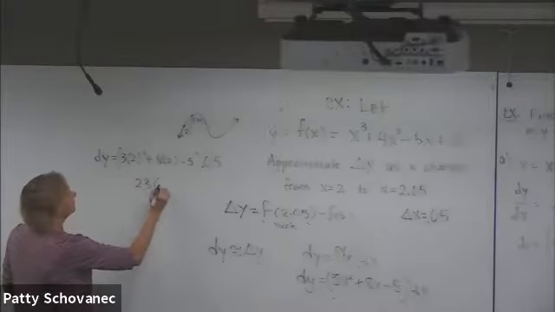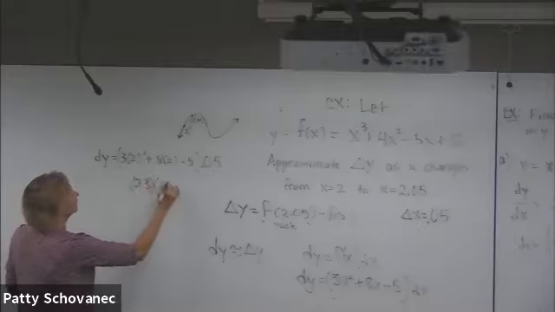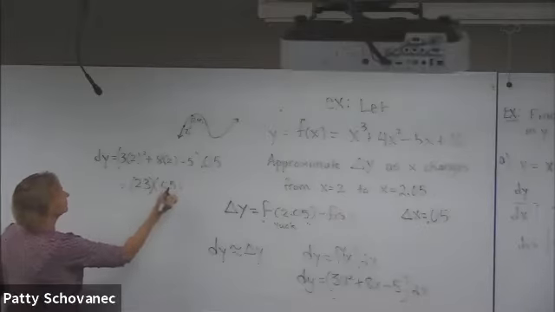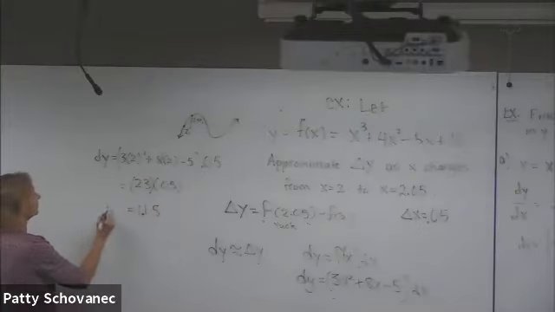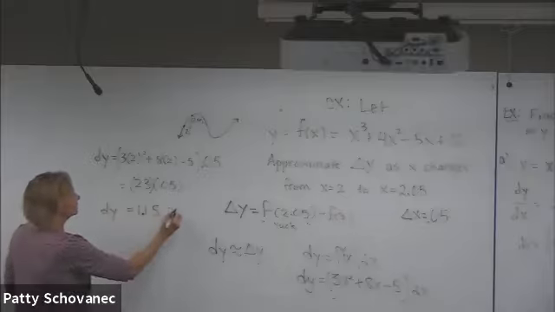And then I multiply that by 0.05. 3 times 5 is 15. 2 times 5 is 10. Plus 1 more is 11 with 2 decimal places. There's our approximate change in y.